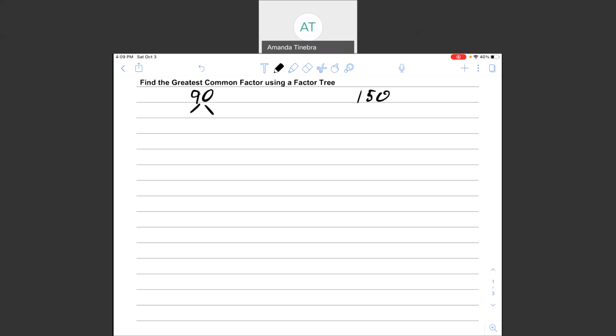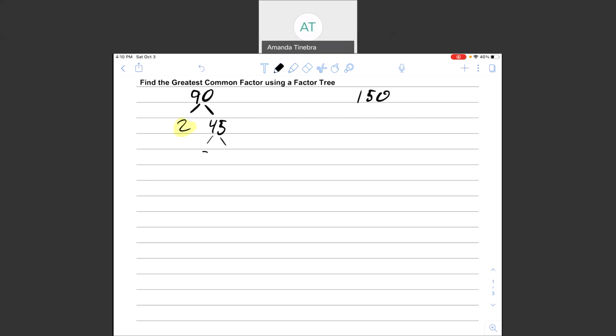So for making my factor tree for 90, if you remember this from the prime factorization video, we just picked two numbers that would multiply to give us 90. There's multiple ways to make your tree, but they should all end up with the same prime factors at the end. So for 90, I have 2 and 45. 2 is prime, so I continue with 45.